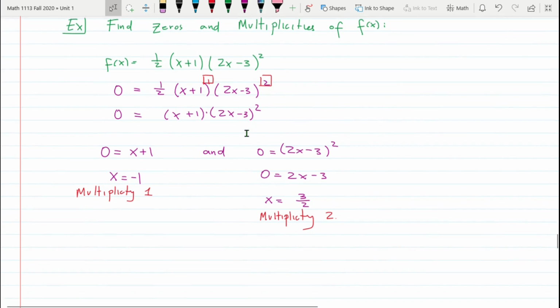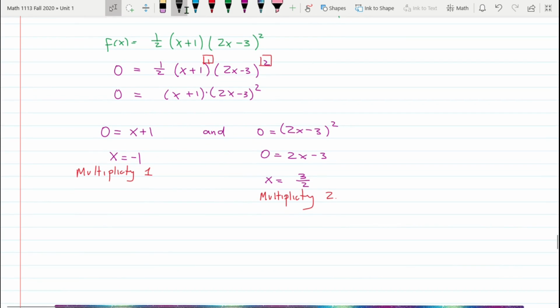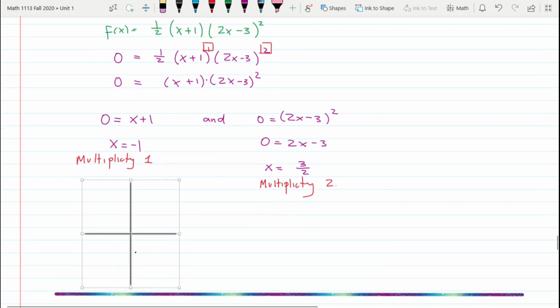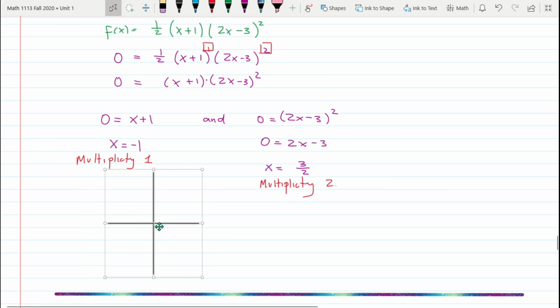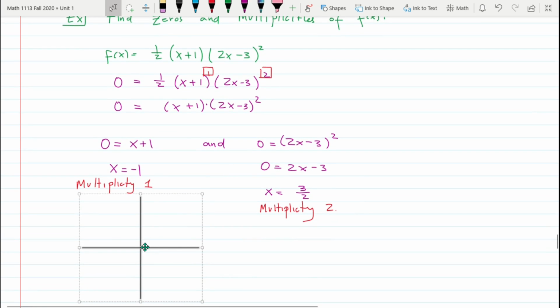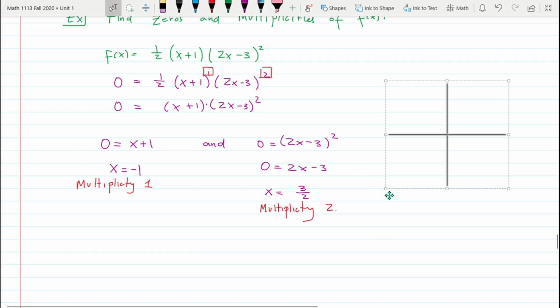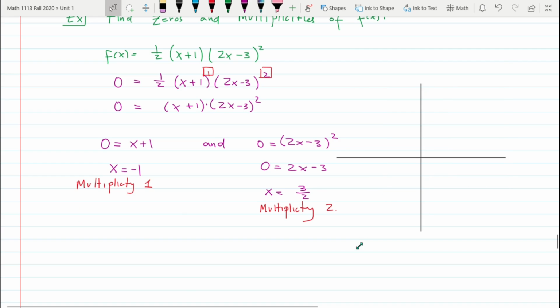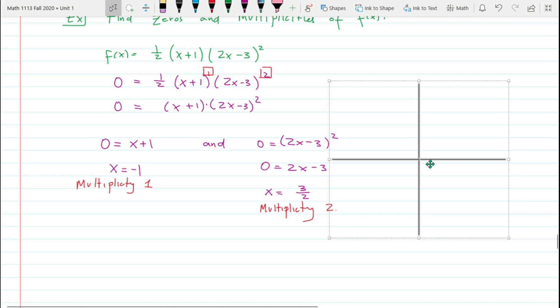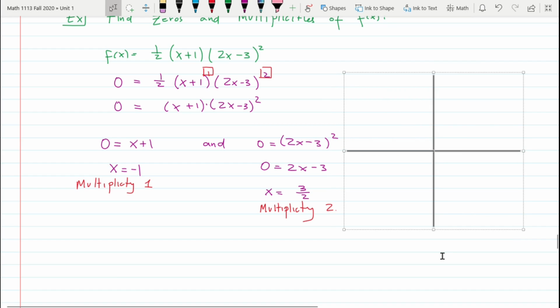So if you look at this in terms of a graph, what's happening is the following. Okay, so if you add all the powers, we get power 3.